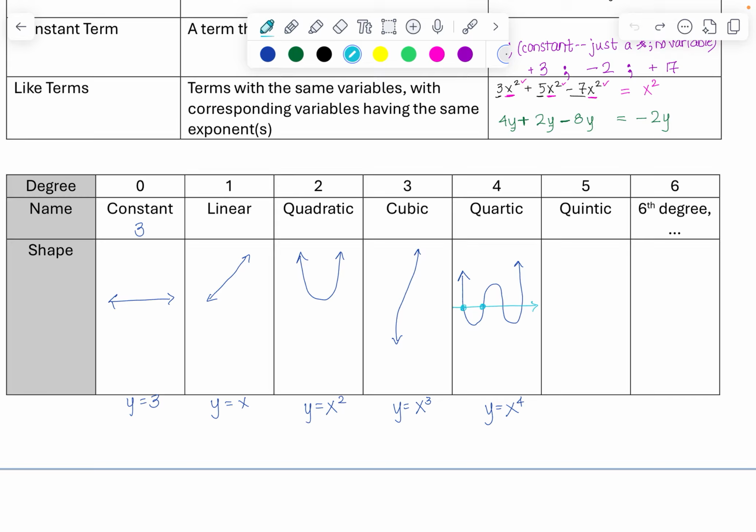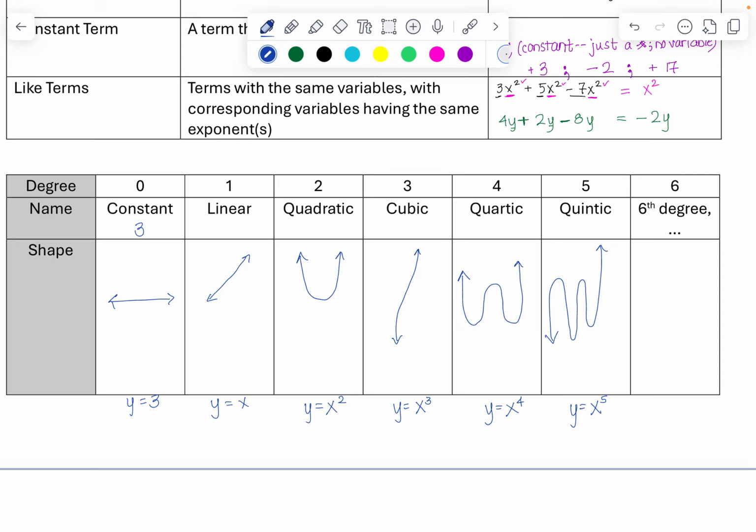So we're not going to worry about that right yet. We'll worry about that in Algebra 2. Quintic. Yep, you guessed it. Y is equal to x to the 5th power. Now, if x to the 4th power cuts through the x-axis 4 times, imagine x to the 5th power. That would be 5 times. So that would look like 1, 2, 3, 4, 5.